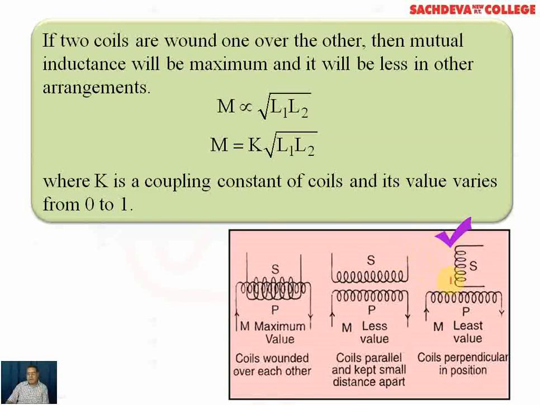So either the primary coil is perpendicular to S or the secondary coil is perpendicular to P. In the case of windings together, we find the maximum value of M, and the value of M decreases as they are placed over each other, and when they are at 90 degrees, at π/2 radians, we find it is the least value.